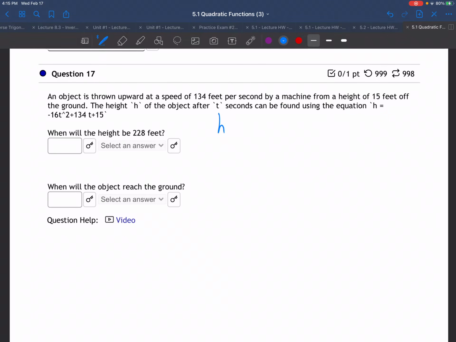We have the height equal to minus 16t squared plus 134t plus 15. And they're asking us, when will the height be 228? So you just simply plug in height 228.